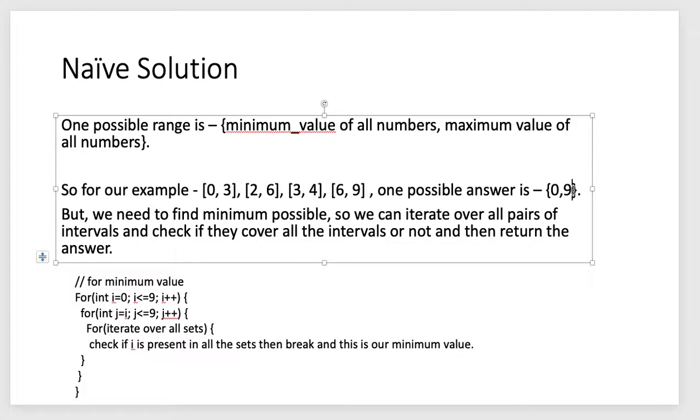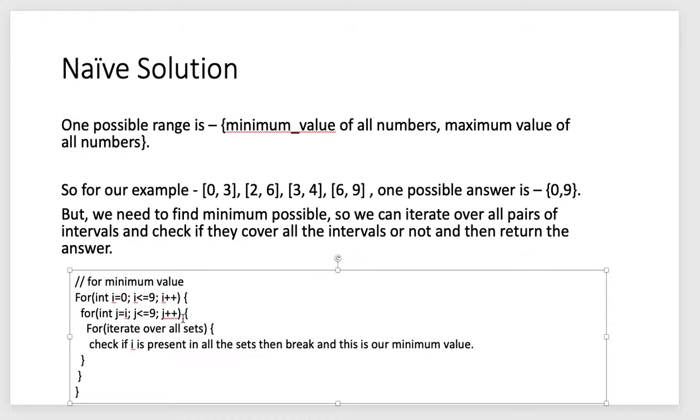I can make pairs of ranges using two for loops, and I'm doing that here in the pseudocode, and I just iterate over all the intervals to see if that i and j range covers them. If all the intervals in the set are covered by a particular i comma j range, then that i comma j is our answer, and we can possibly have a minimum check here.